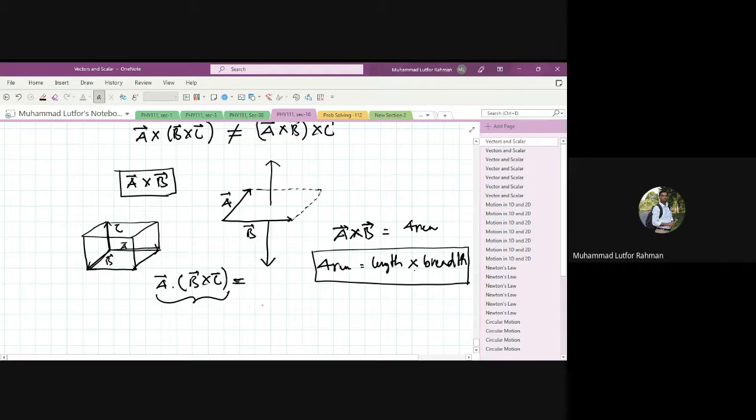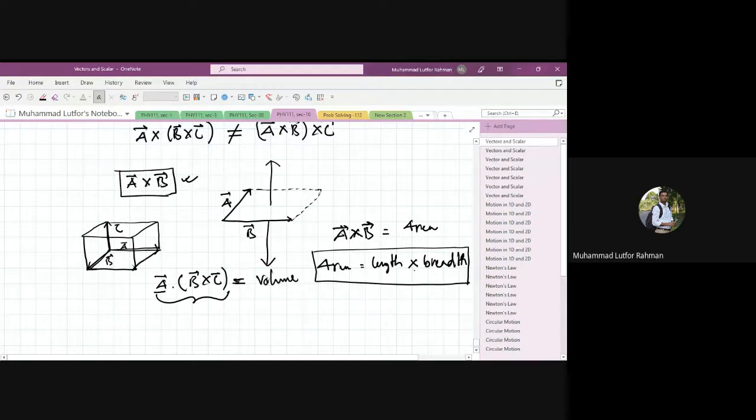If you multiply, say, B cross C is the area, right? Because I said that one. If you take the cross product, that will give you the area. With respect to that area, if you multiply by one more length, what will it give you? The volume. The volume, area into height, right?